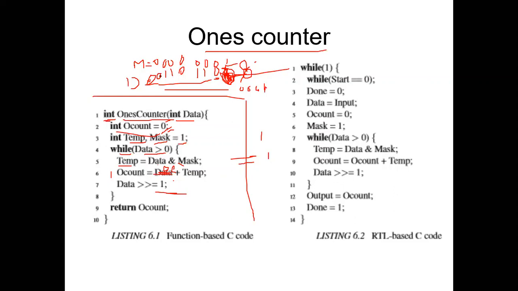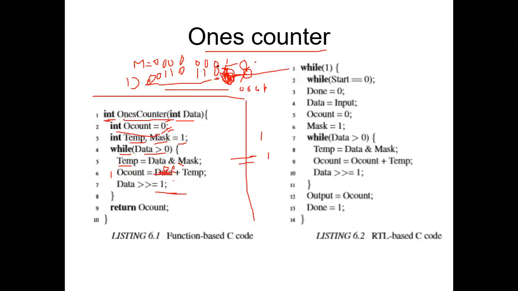If you are doing the AND operation, what will be the result? The mask is again the same, 0, 0, 0, 0, 0, 0, 1. If you are doing AND with zeros, the result will be zeros, so we don't need to worry about the upper bits.